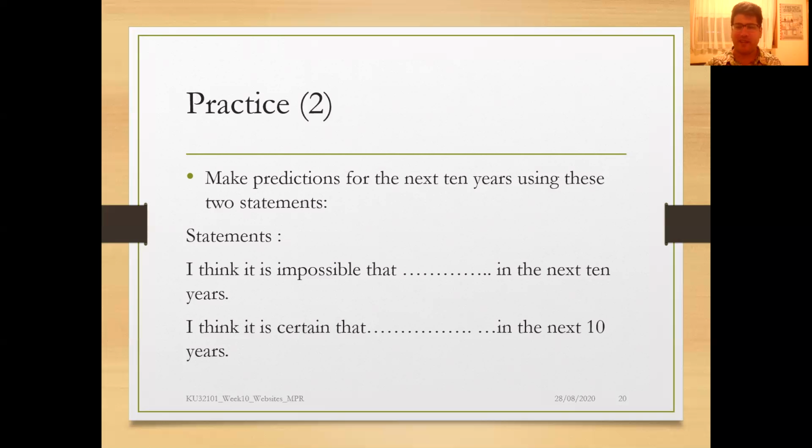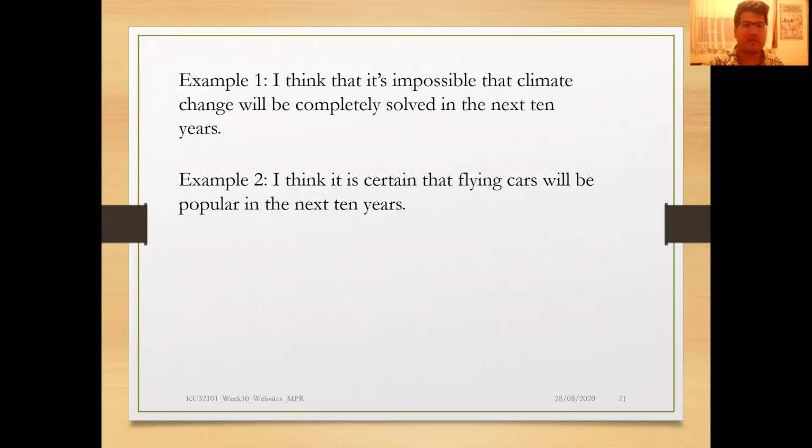So we have the affirmative certainty and the negative certainty here. So here are my examples of this task. I think that it's impossible that climate change will be completely solved in the next 10 years. I think it is certain that flying cars will be popular in the next 10 years.